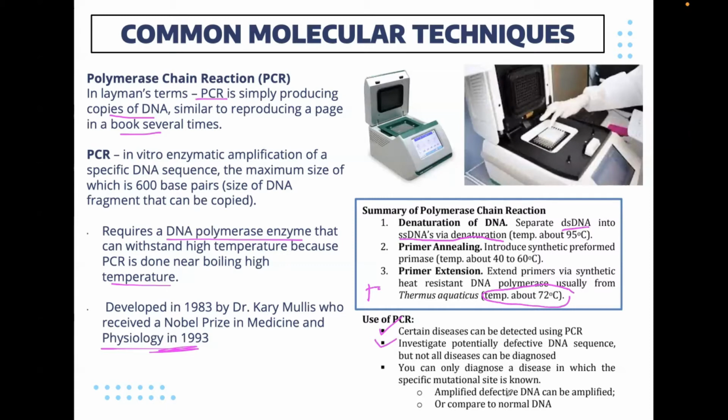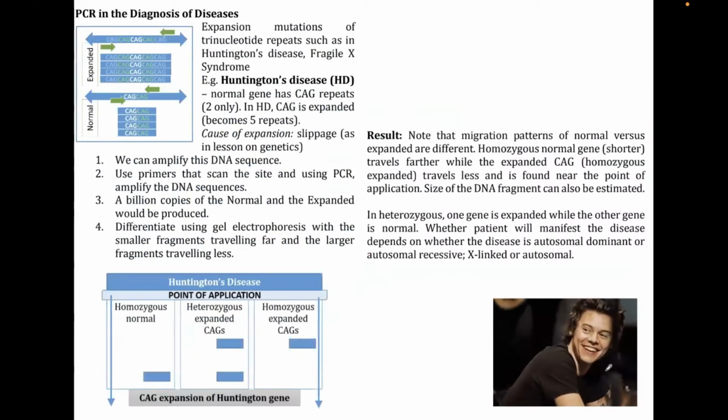Amplified defective DNA can be compared to a normal DNA. So ano ba yung sinasabi natin na it can be used for diagnosis of a certain disease? Ito po siya. PCR in the diagnosis of disease is that expansion mutations of trinucleotide repeats such as in your Huntington's disease, Fragile X syndrome.